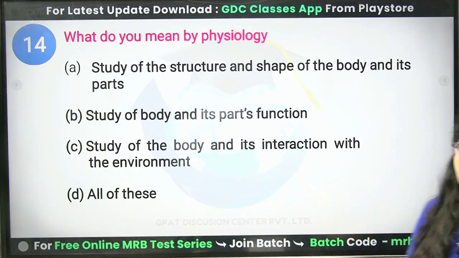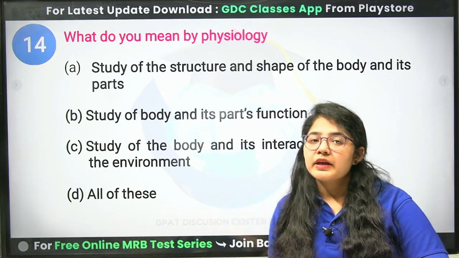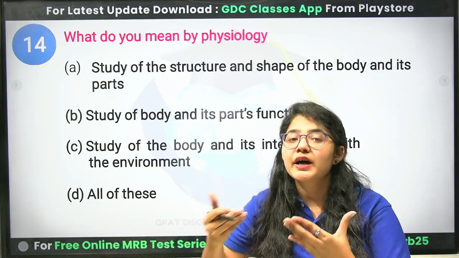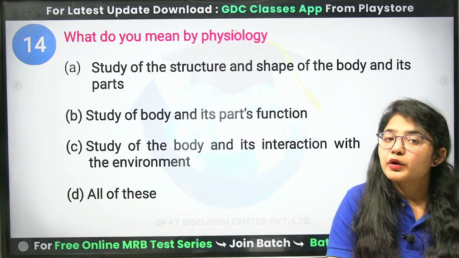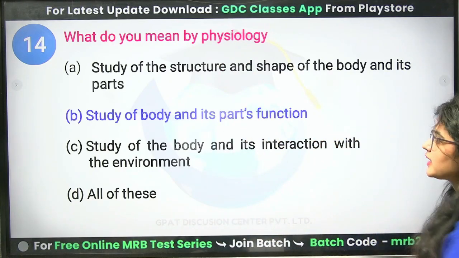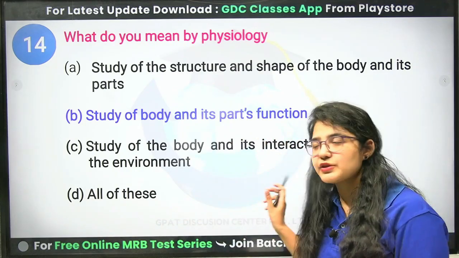What do you mean by physiology? After studying the structure, you need to understand the function of that particular structure of the human body. That is known as physiology. So the study of body parts and their function is physiology.